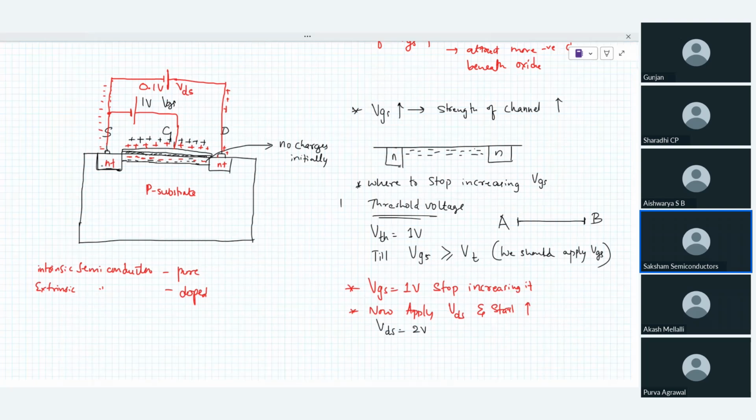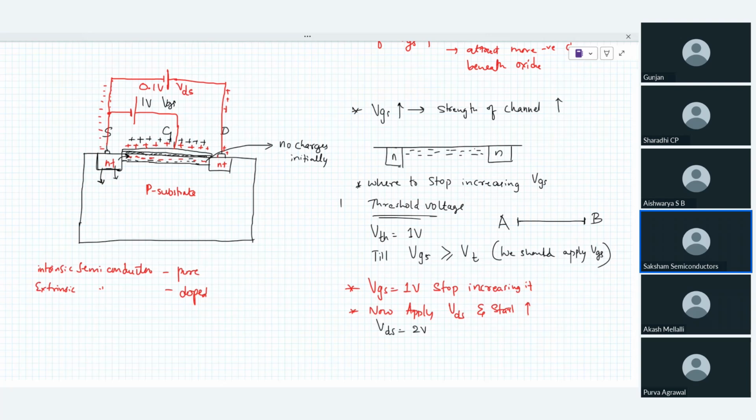Hop outside means they may come here, they may come here, they may reach over here. There are all possibilities. There is every possibility where they can come out. Few electrons come here and get neutralized. That's fair enough. But few electrons, which I am concerned about, hop into this channel. Because in the channel you have electrons, which are negative particles, and these are also electrons, which are negative charges from the source, these negative charges repel each other.